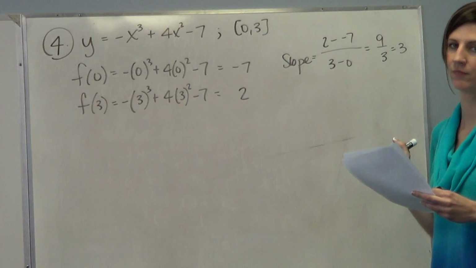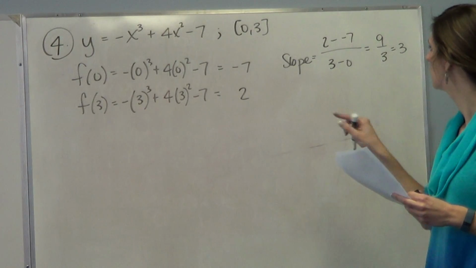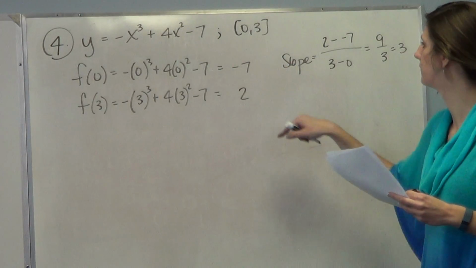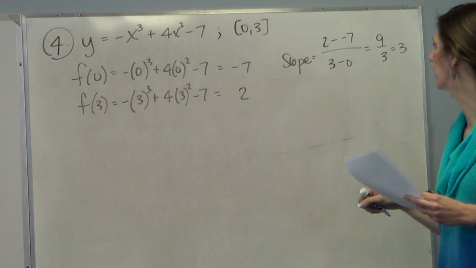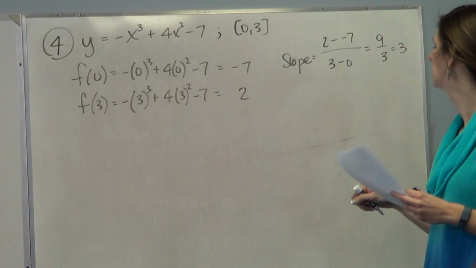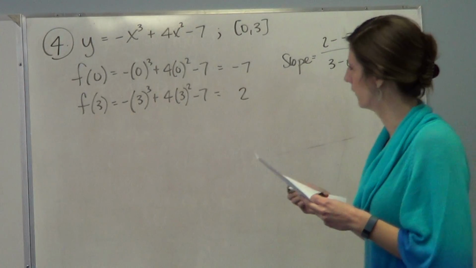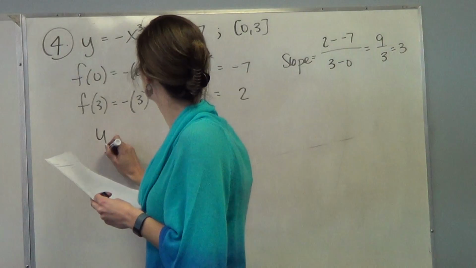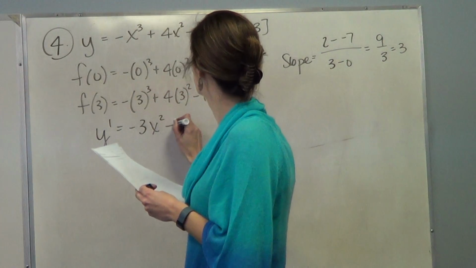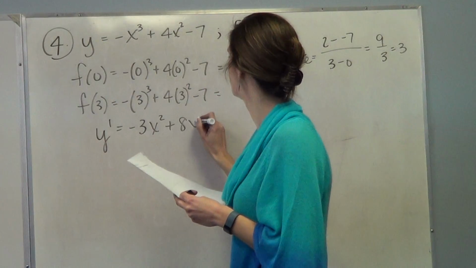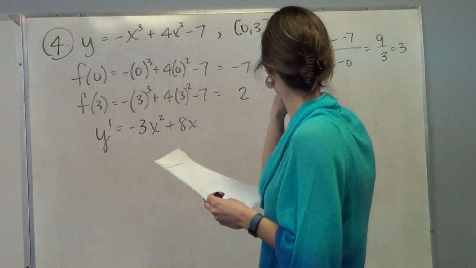I got -3. I think we just wrote it wrong. Yeah, it should be positive 3. So then the derivative is plus. So that's probably what screws it up.